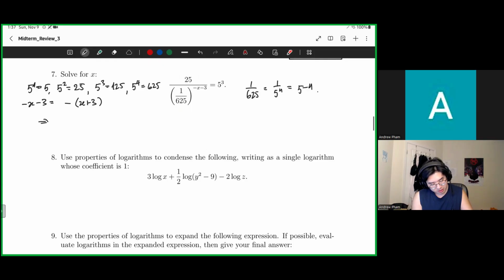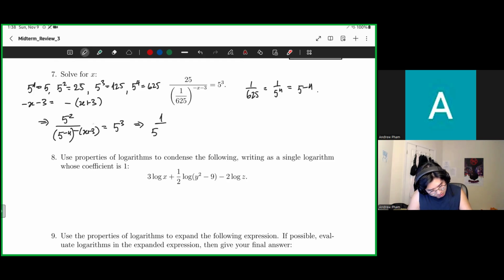So if I rewrite my equation, I can write 25 as 5 squared, 1 over 625 as 5 to the minus 4, minus x minus 3 as minus x plus 3, and 5 cubed can just stay the same. I can then divide both sides by 5 squared, to get 1 on the left-hand side times 5.